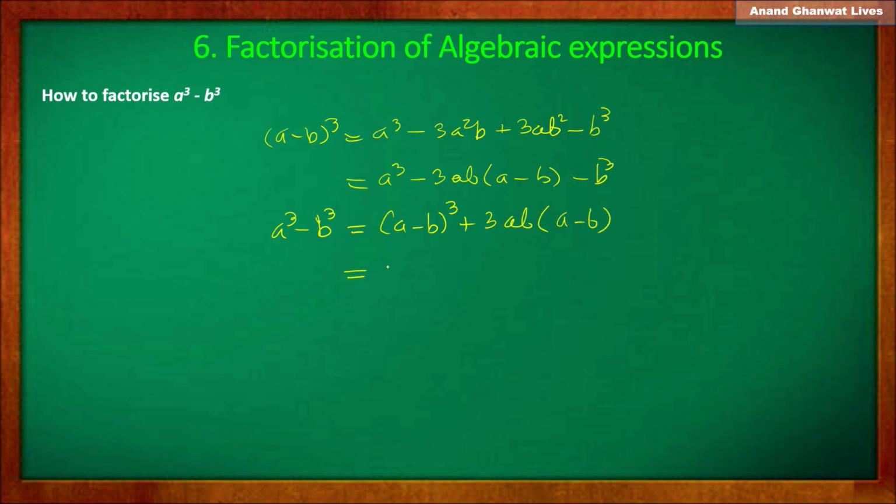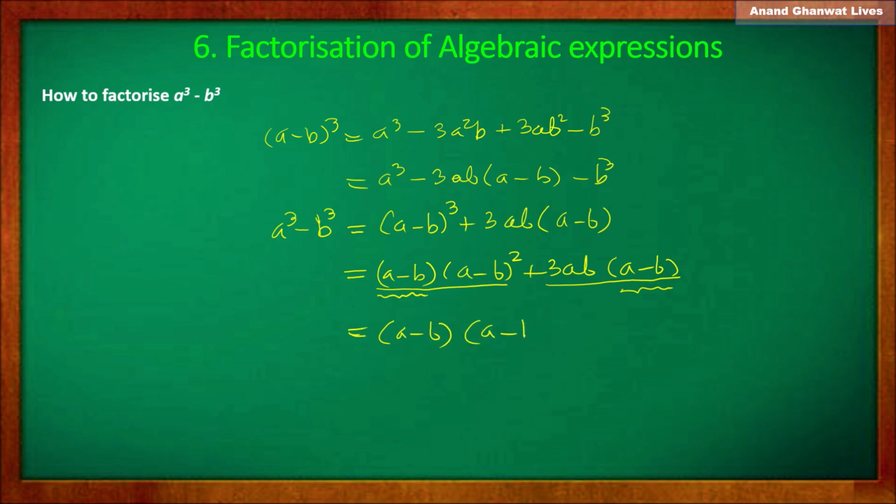Now (a minus b) its cube can be written as a minus b into (a minus b) its square, and plus 3ab into bracket a minus b. A minus b is common, so a minus b into bracket (a minus b) its square and plus 3ab.